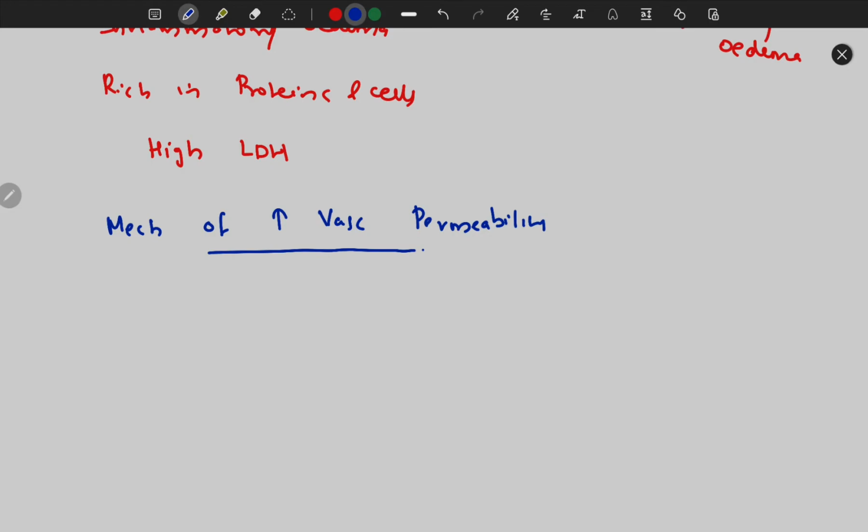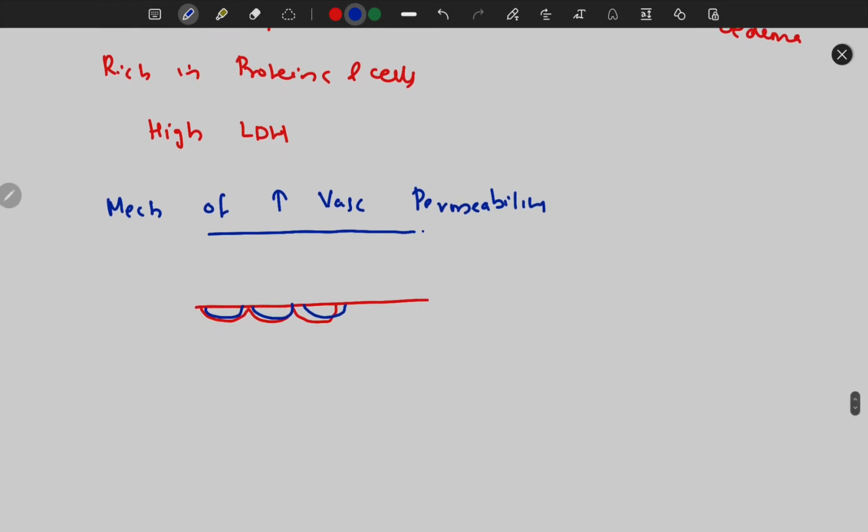So these are our endothelial cells. The endothelial cells will contract, and you can see that there is a gap.